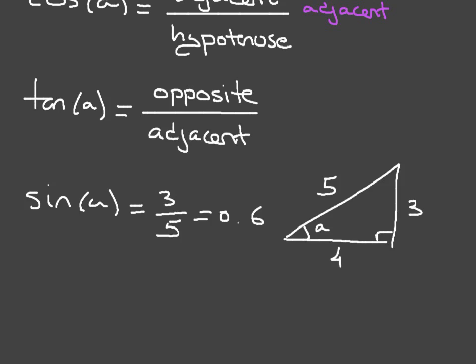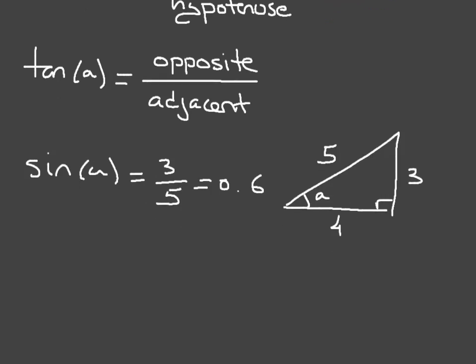In a similar way, cosine of A is equal to the adjacent of A divided by the hypotenuse. The adjacent of A is the side length next to the angle A, so in this case 4, divided by the hypotenuse, which is 5. So that's 4 divided by 5, which is equal to 0.8.